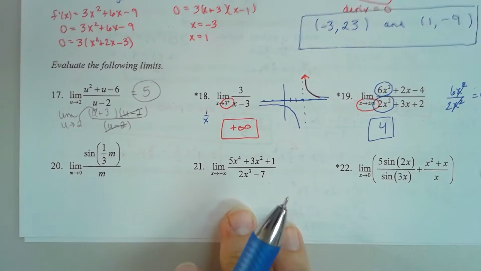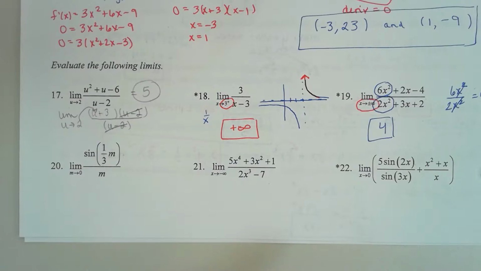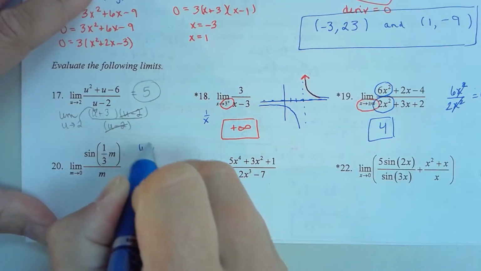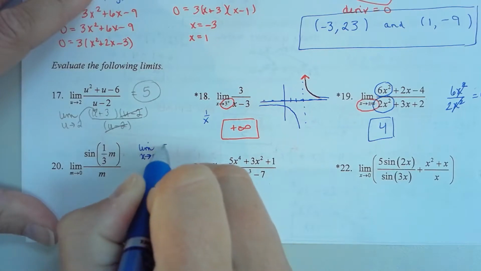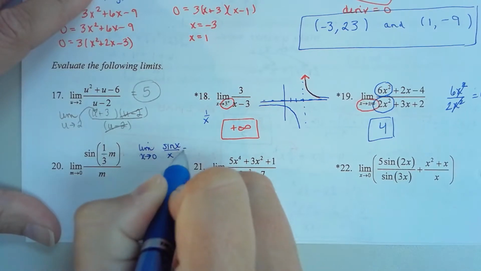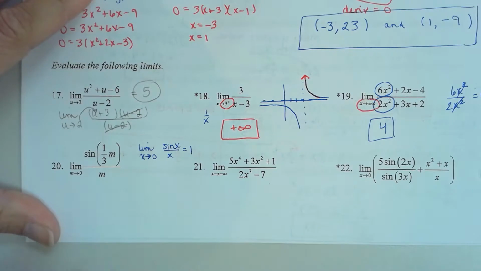When we look at number 20, we talked about putting some trig in there. We can't plug in the 0 because of that m there. And really there's not a lot of algebraic manipulation we can do to get rid of the m in the bottom. But what I did ask you to do is I asked you to memorize this limit here. Okay, so we're going to use that to help us with this one.